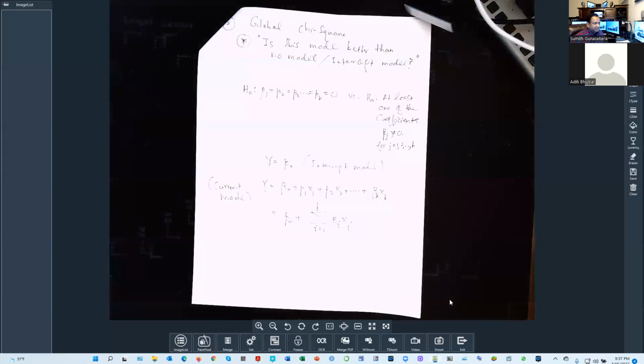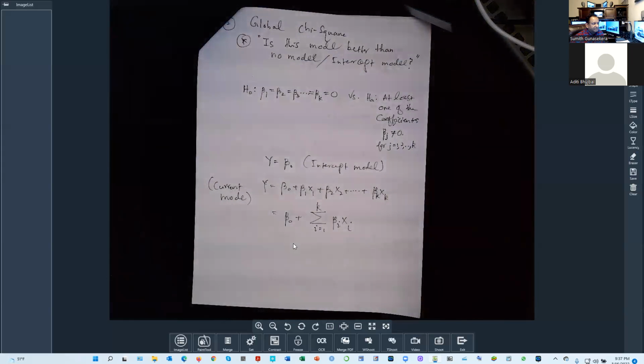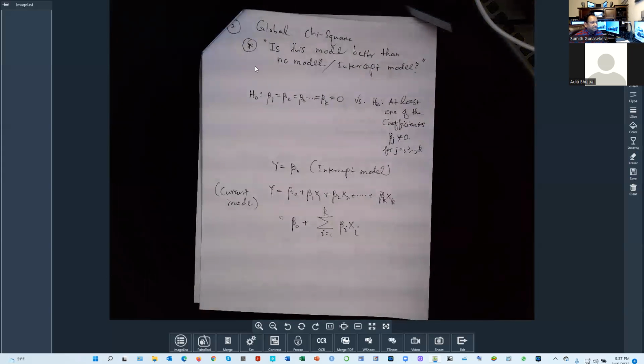For the global chi-square test, you are comparing your current model with the intercept model, this one to this one.